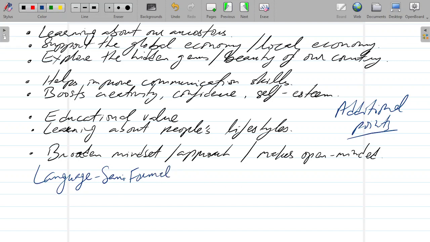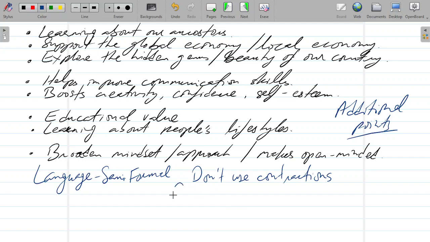So not entirely casual and not entirely formal, obviously. You probably don't want to use contractions. An example of contractions is don't. So you went from do not to don't with an apostrophe to show that you shortened the word.